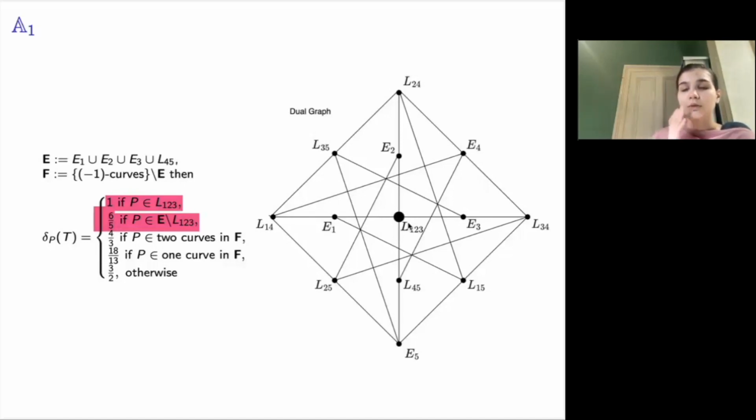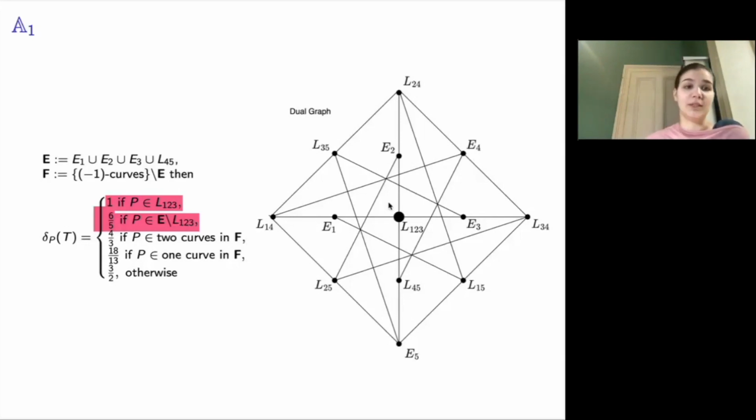It's the weak resolution of the Du Val del Pezzo surface and the lines around it. And they are almost symmetric. So instead of doing the computations for the general point, we only need to do the computations for the middle curve and the curves around it.